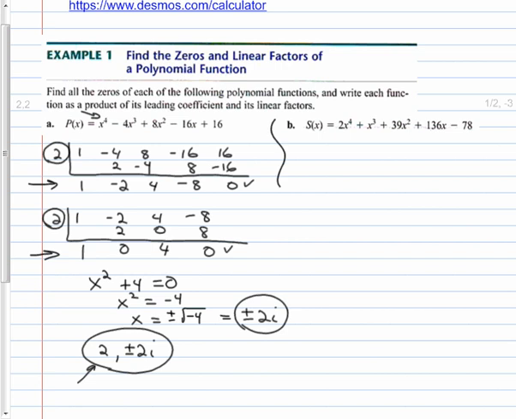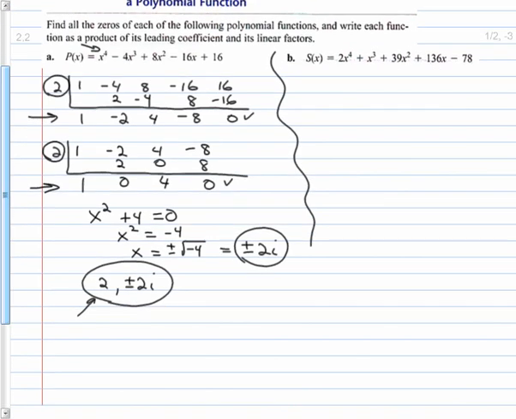So if I look at this next one over here, I'm going to make a list of my possible values that are going to work. At least I'm going to start with a list of the possible values. The factors of 78: well, 1 goes into 78, 2 goes into 78, 3 goes into 78. So let's see if we can start with this.